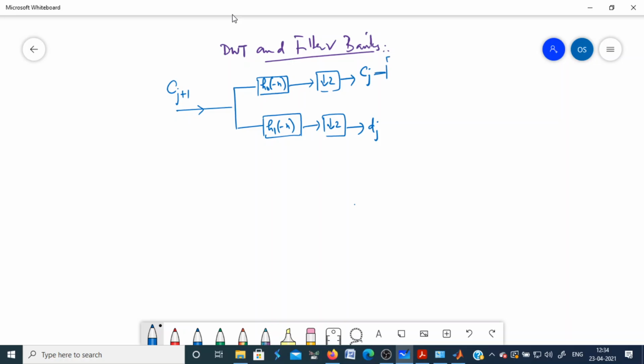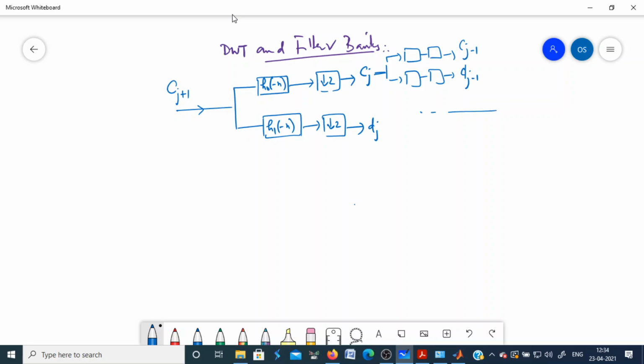Cj is further decomposed using the same filters and decimation, and you get coefficients at a scale of j minus 1 and detailed coefficients at a scale of j minus 1. So this we call a filter bank.